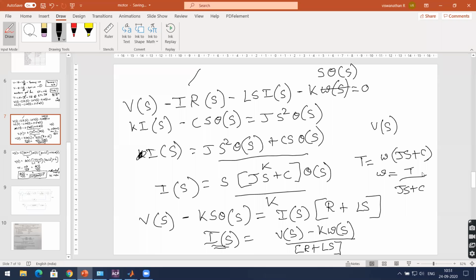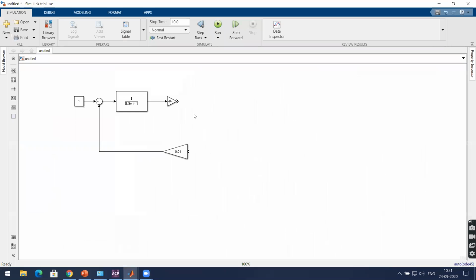So this is what we'll do now. We know how to get the torque. So what you do is, you should add another transfer function, 1 by Js plus C. So copy this transfer function, paste it over here.